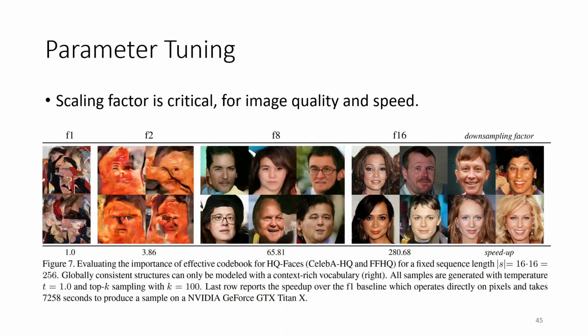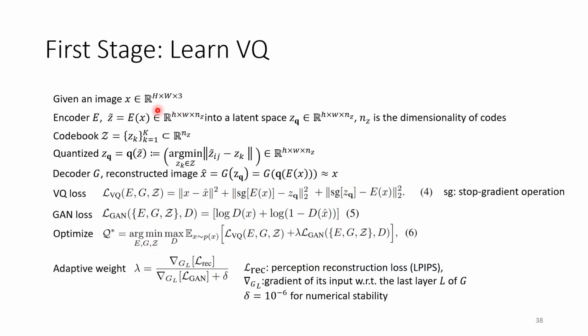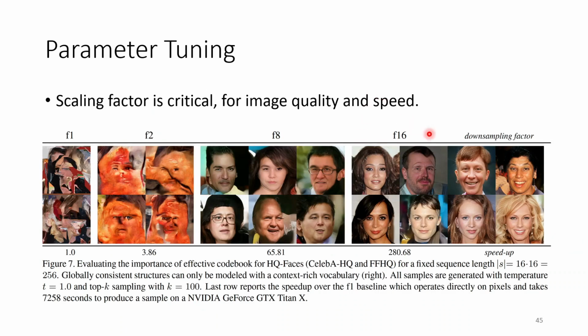See here again. If f is 1, it means the small h is the same as the large h, so the latent image is very large. And when the scaling factor is very large, the latent image is very small.